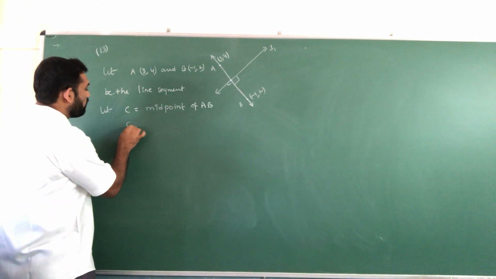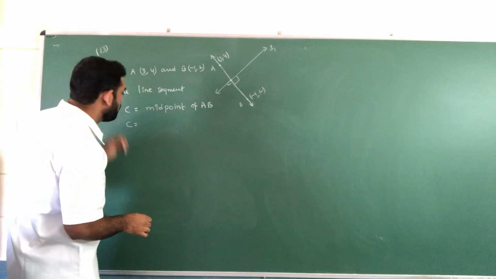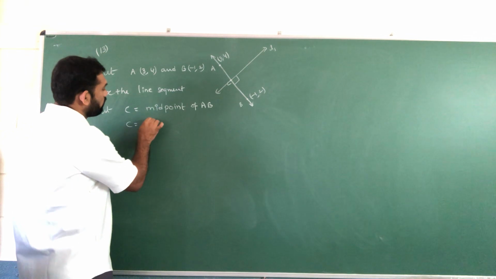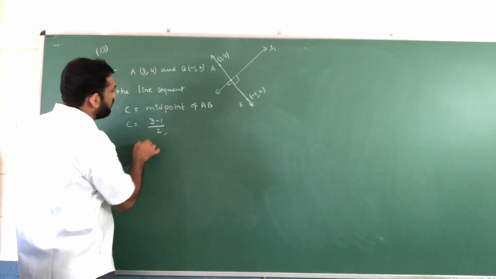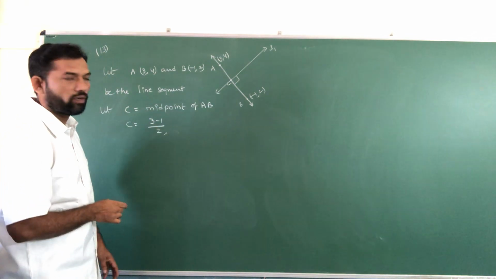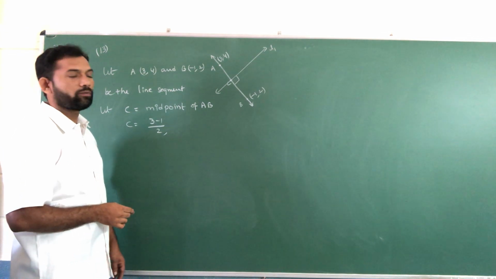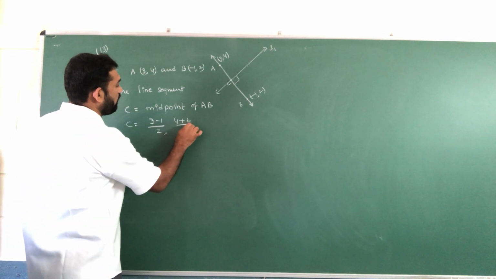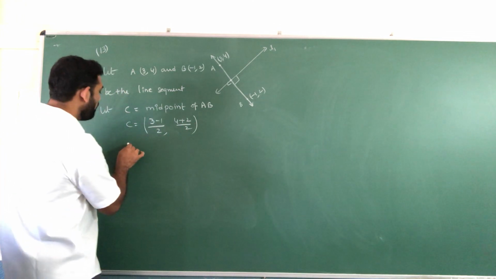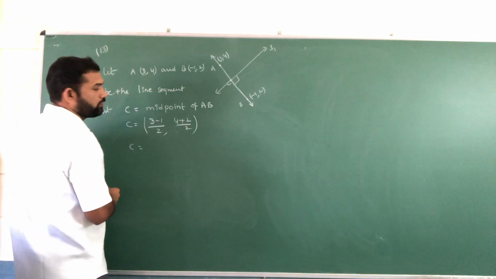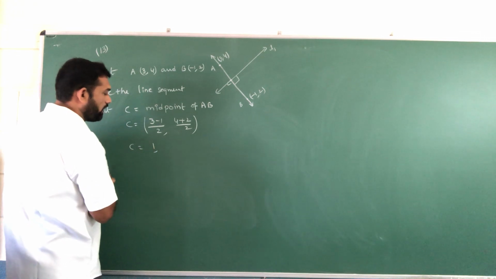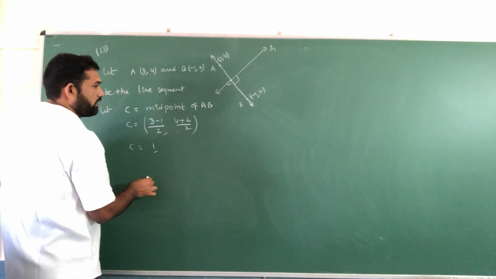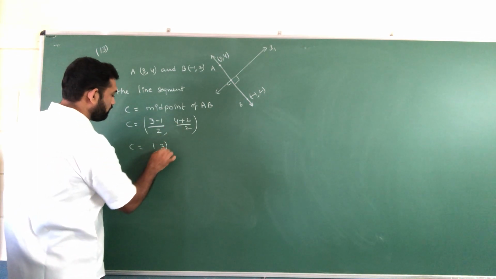So C is equal to, what happens? (3 minus 1) divided by 2. Midpoint formula you have to apply. (3 minus 1) divided by 2, (4 plus 2) divided by 2. Now C is equal to 3 minus 1 is 2, divided by 2 means 1. This is 6 by 2 means 3.